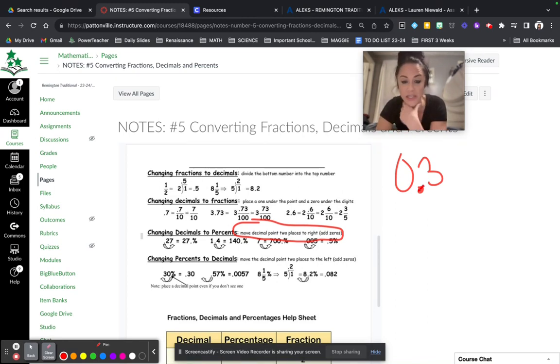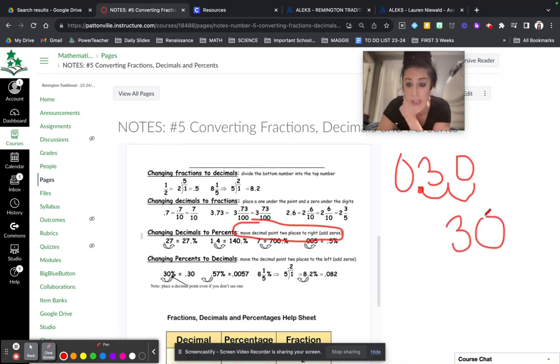So where are we flipping it to? We're flipping it to the right. So I'm going to take it, peel it off, and put it here. One move. And then I'm moving it another time. So now I'm going to fill my baskets with zeros, right? And that's basically the same thing as me multiplying that 3/10 by 100. So now I have 30%. Okay.